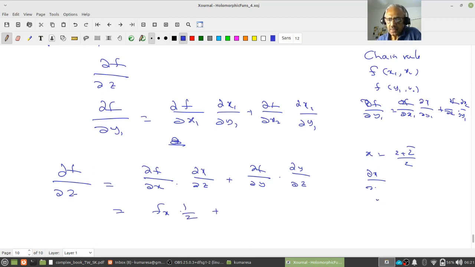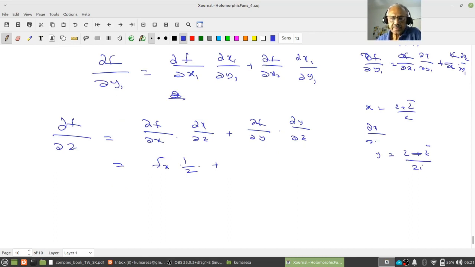And similarly y is z minus z bar by 2i. Therefore this is going to be fy into 1 by 2i. Therefore, if I take 1 by 2 as common, I have fx minus i fy, right? 1 by i is minus i.